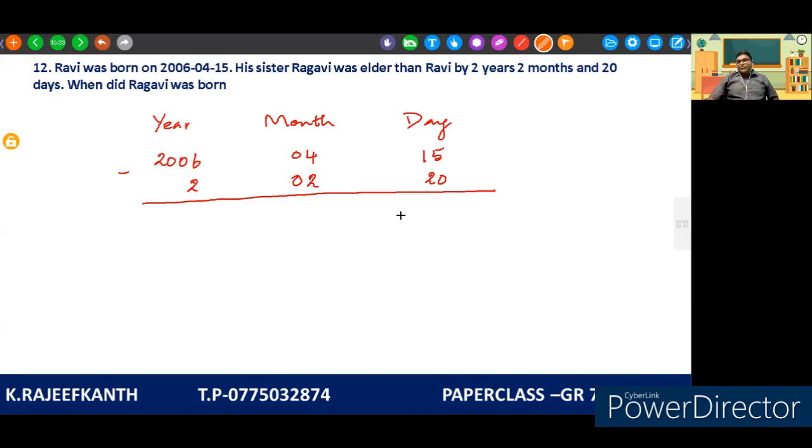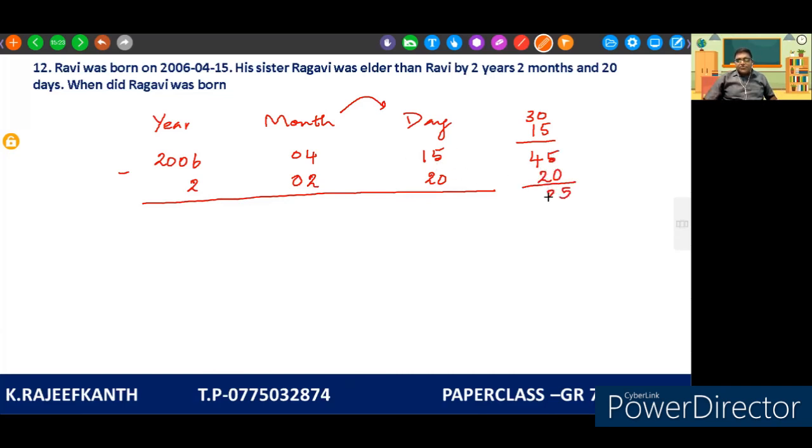Here 15 minus 20. Here we can't subtract 20 from 15. So we have to borrow 1. If we borrow 1 from this month, here we are going to borrow 1 month. If we borrowed 1 month, we know that in 1 month there are 30 days. So 30 days, here already we have 15. So 30 plus 15, 45. Now we have to subtract 20.